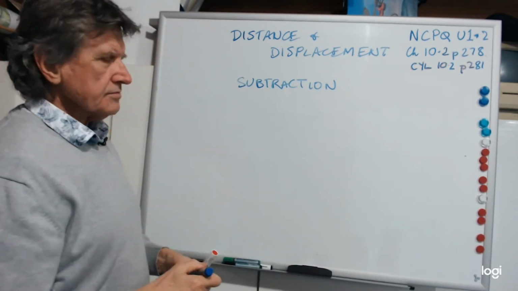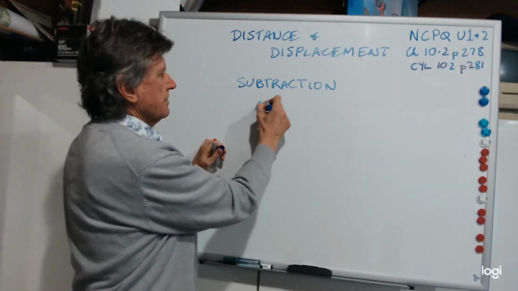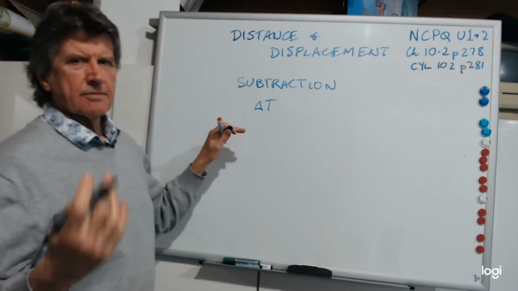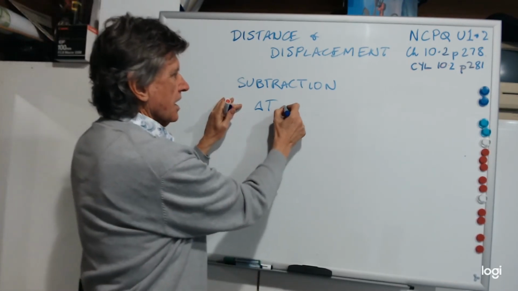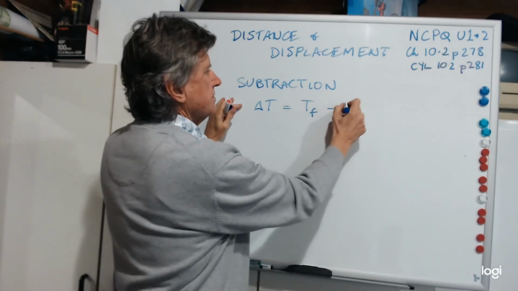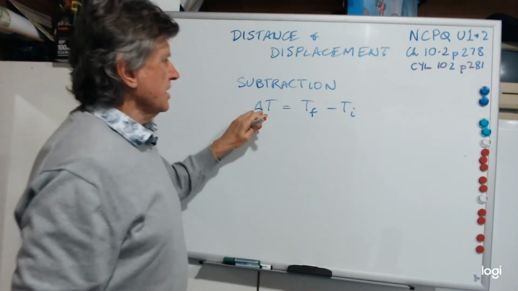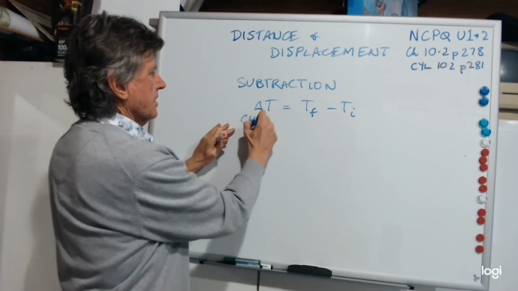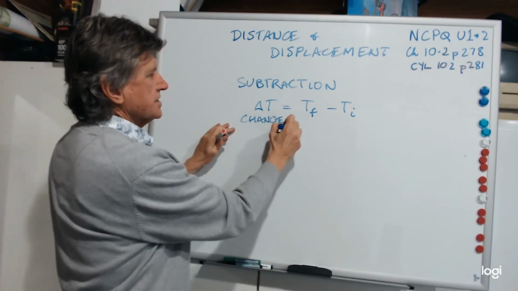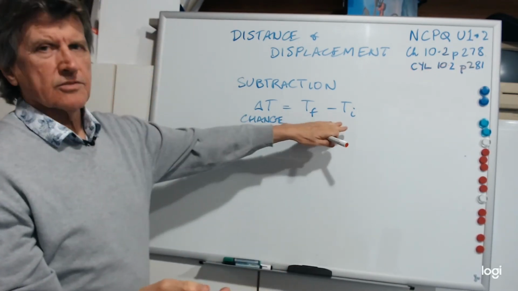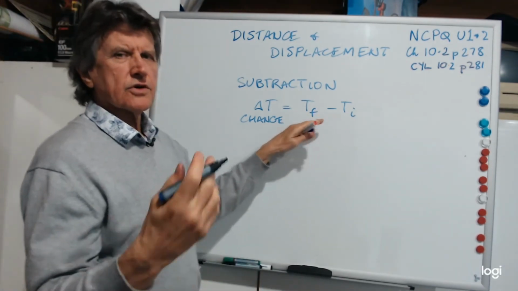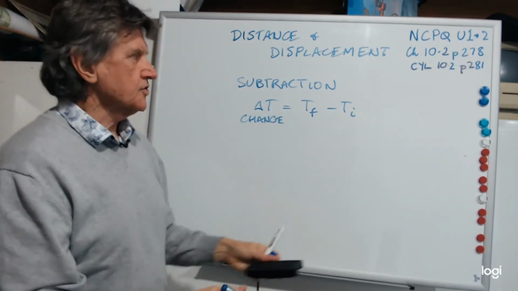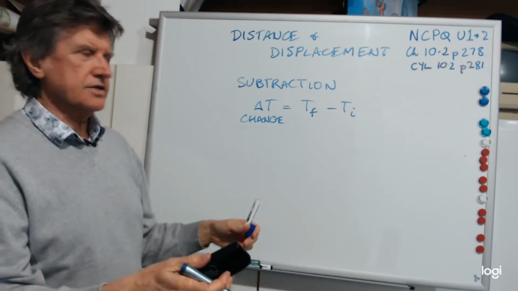Look, you've met it for temperatures. You know that temperature is not a vector quantity, it's a scalar. So a change in something, whenever you have a change in some physical quantity, it's final minus initial. Okay, now that's a subtraction. So if you do it in linear motion, you'd have to treat it as a subtraction and then change it to an addition.